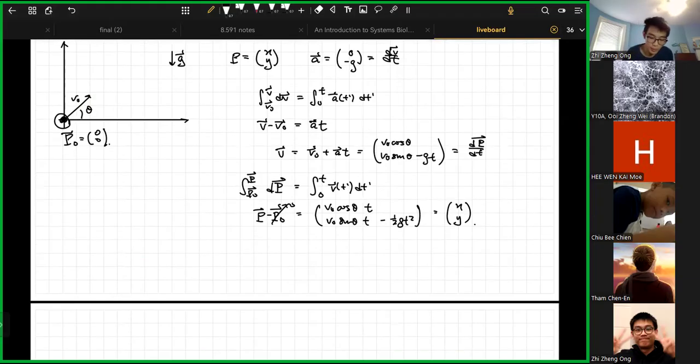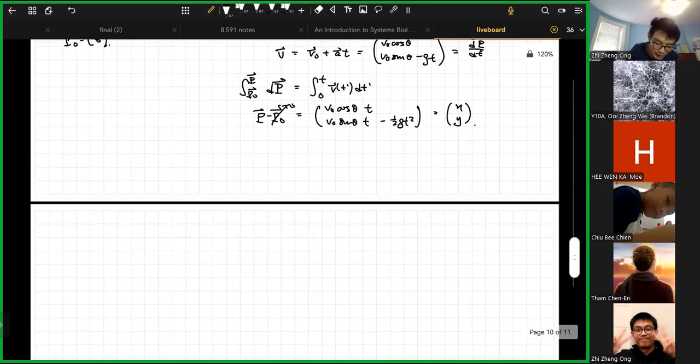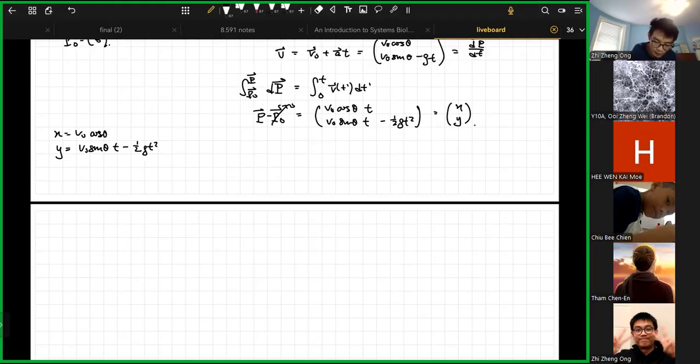One way you can do this is to say that since y is equal to v naught sine theta t minus half g t squared, and x is equal to v naught cosine theta t, if you want an equation that's true for all t, then you just replace t with x over v naught cosine theta.